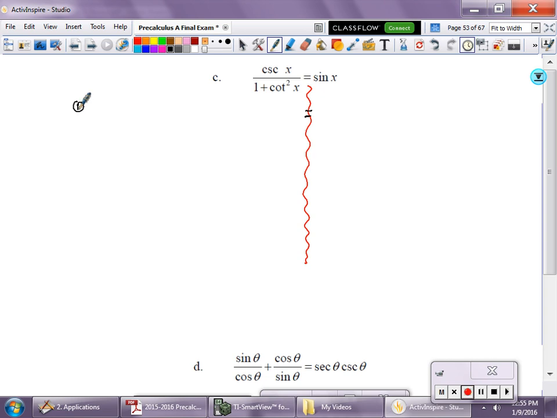Okay, so the first thing I'm going to do is, again, look, you want to try to get sine. One of the things that I could say is you can immediately turn this into sine, or you could leave it alone. Now, if I look at 1 plus cotangent squared, anytime you see a squared term, you want to look for a Pythagorean identity.